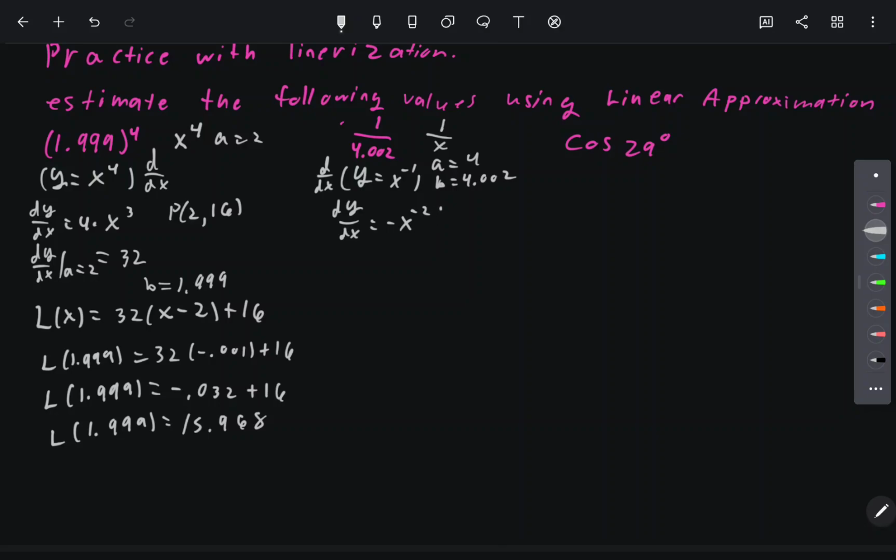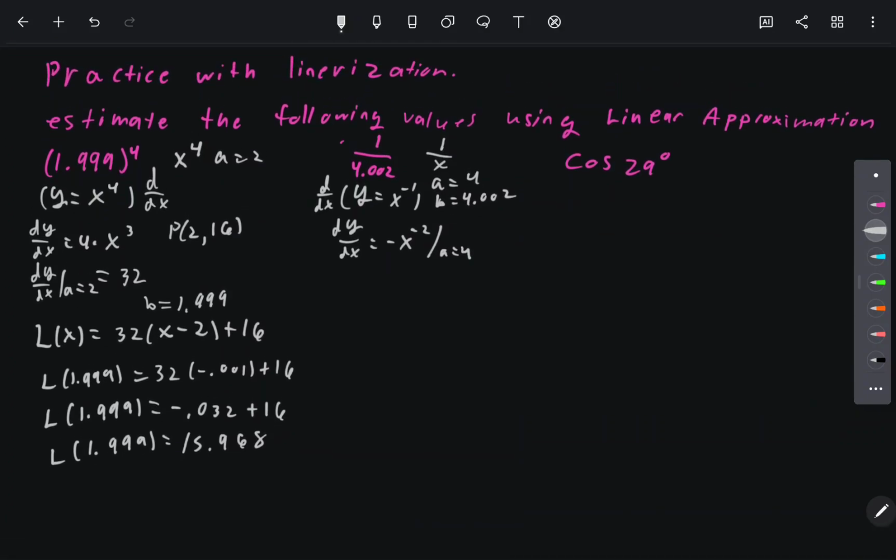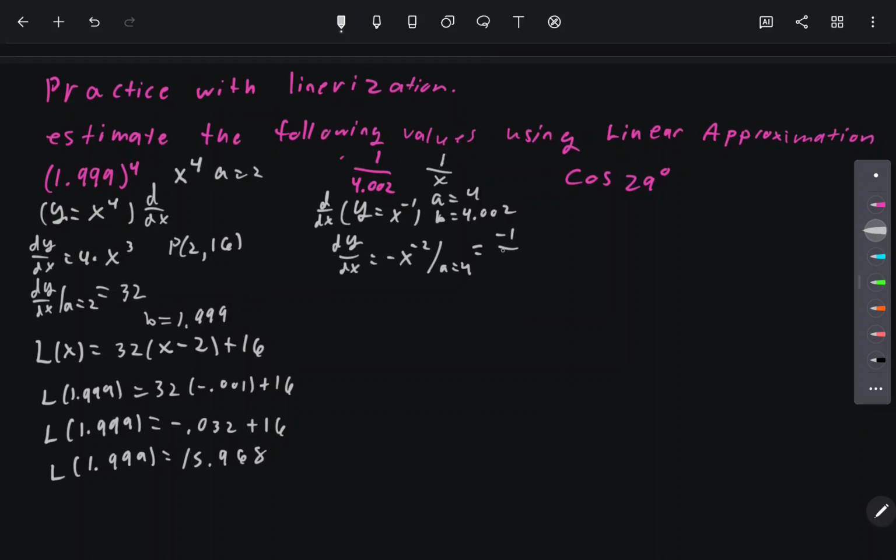So now if I evaluate this at a is equal to 4, or when x is equal to 4 rather, but I'm going to keep calling it a, we are going to get negative 1 over 16. So we're going to get negative 1/16. Alright.